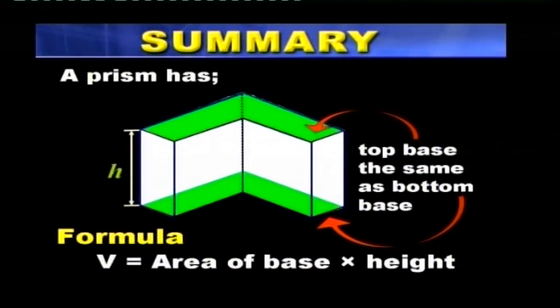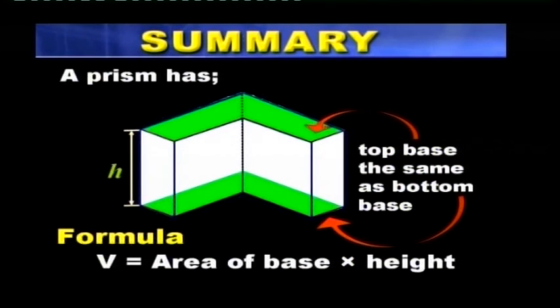Receiving students and 7Es, for our summary lesson for today, any general prism has a top base and a bottom base which are always the same, and they have the height.